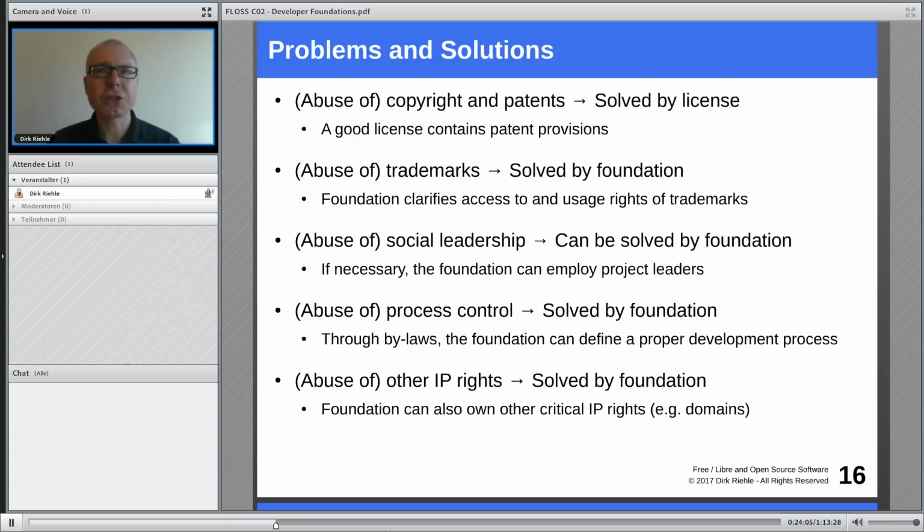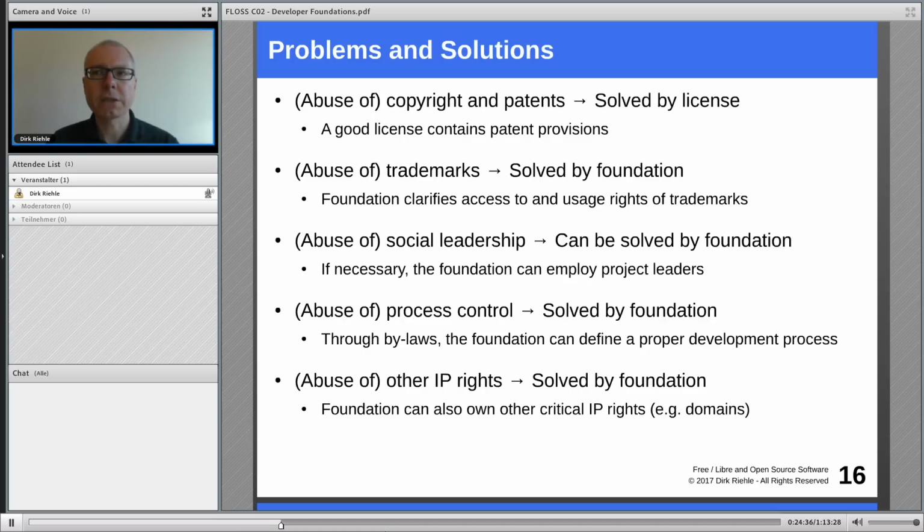Abuse of social leadership can also be solved by the foundation, maybe if necessary by employing the project leaders. A poor or bad or deliberately abusive process, well, the foundation needs to get a handle on this process and by way of open governance, make that process transparent and open to input from any of the involved parties.